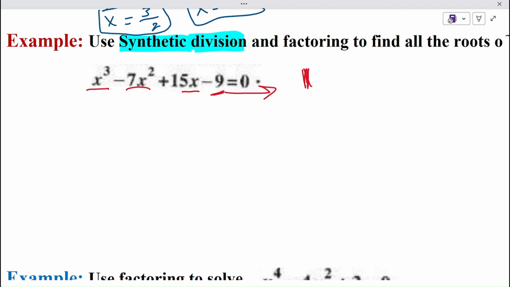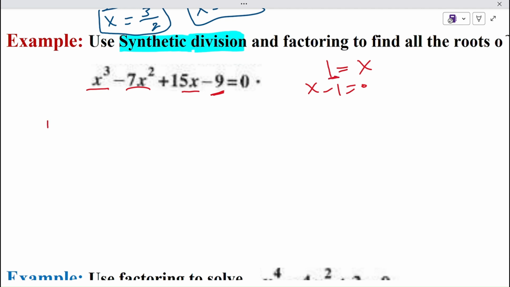So 1 is a factor of 9, so x minus 1 is equal to 0. Let's use synthetic division here. Here we have what? 1.